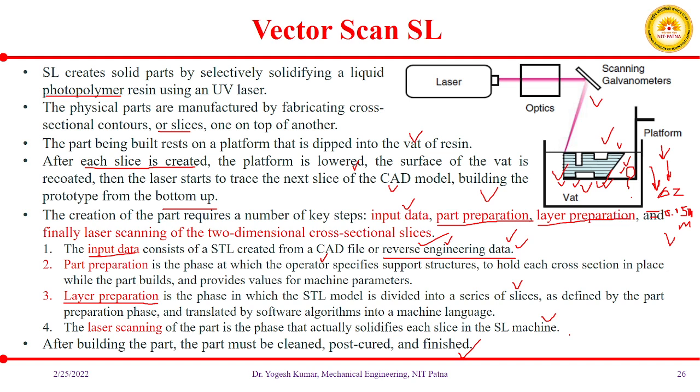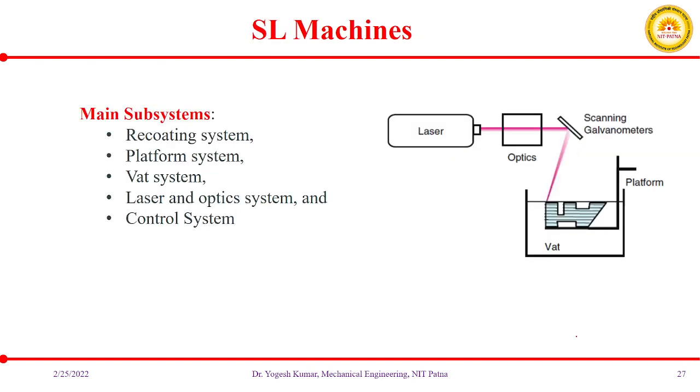Then next comes the SL machine, the machine responsible for this particular process, that is vector scan stereolithography. In this we will see the different components, or rather the different subsystems, of this SL machine.